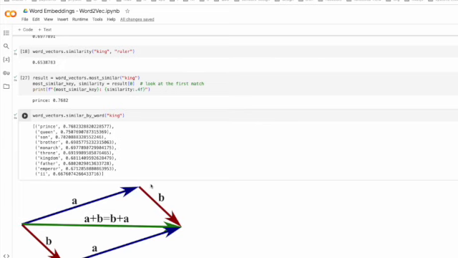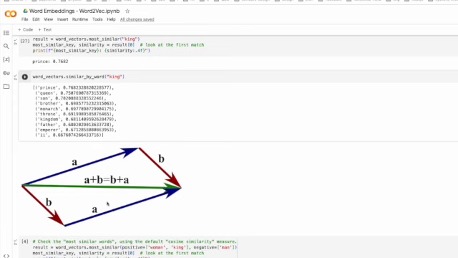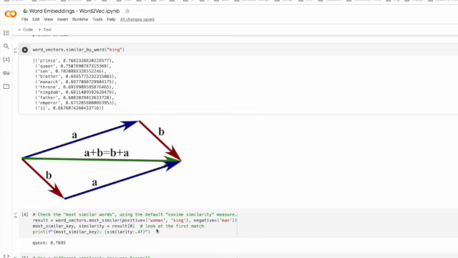The second beauty is the vector arithmetic. So remember, you could take a vector b, add a to it, and you would get this vector. And whether you did a plus b or b plus a, both will basically give you the same resultant vector. So let's do a very interesting arithmetic.